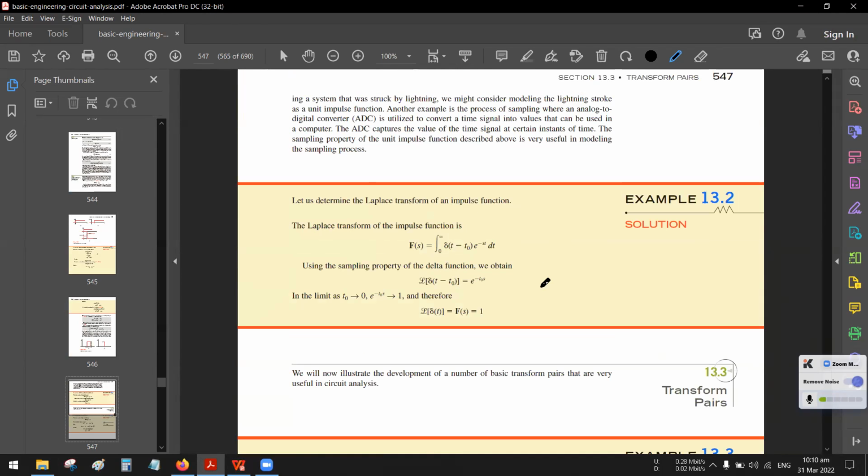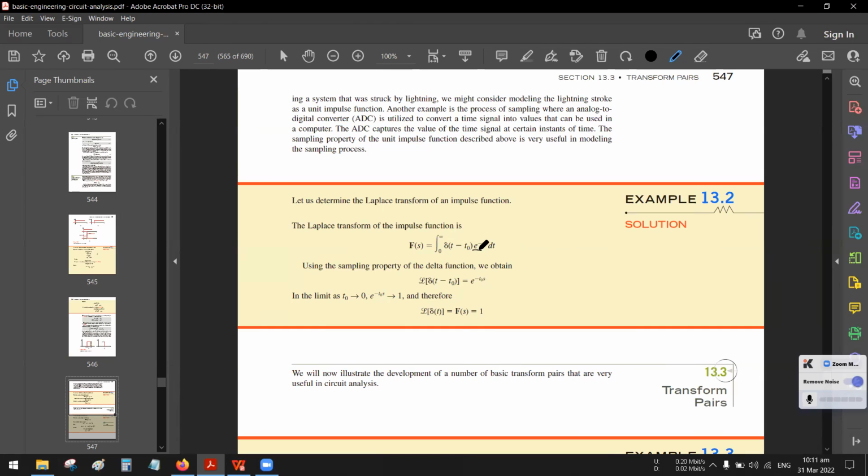This is the impulse function. That is the function in the frequency domain, equal to the integral from 0 to infinity, wherein we have the time t minus t sub 0. This is just a shift of your time.